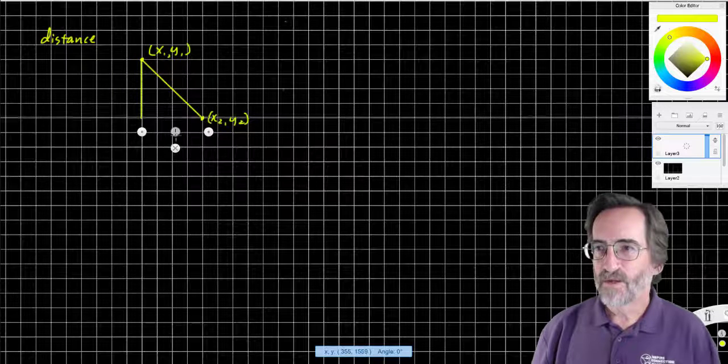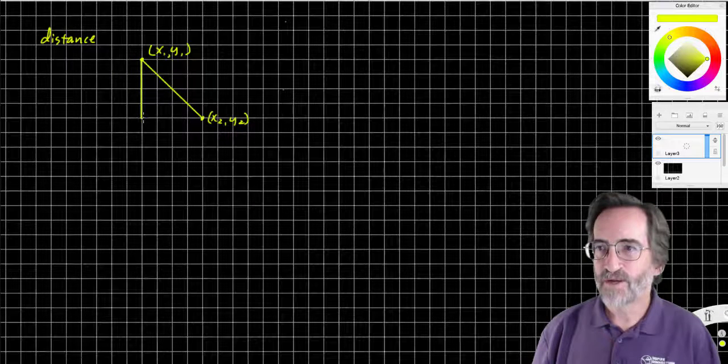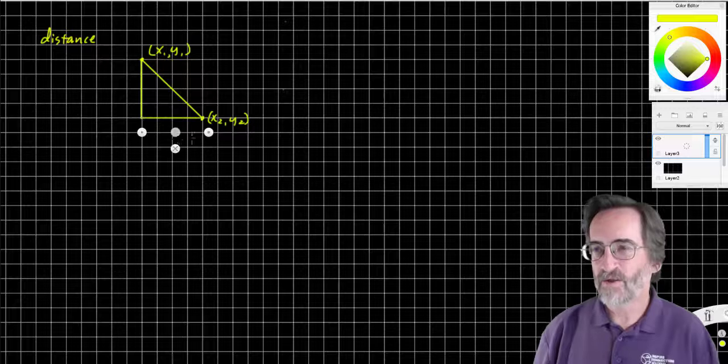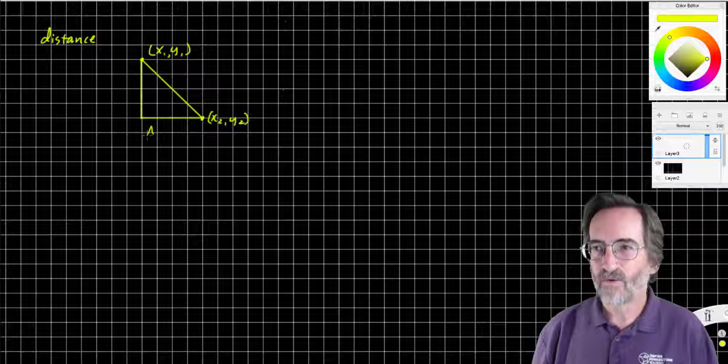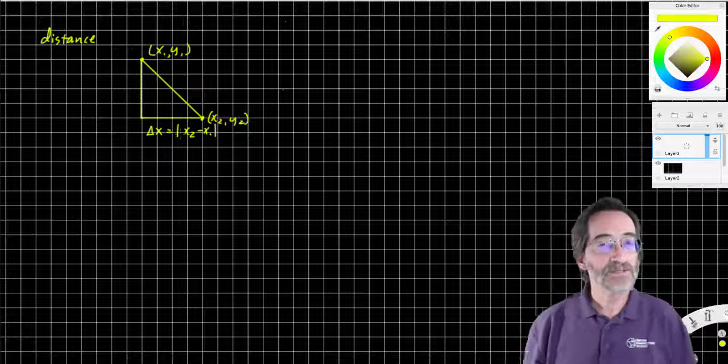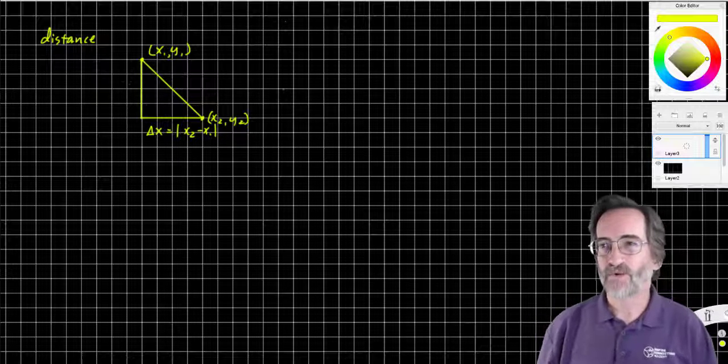So, in this case, we draw a right triangle, height and length, and you will recall that if I want to know how far along we went to the right or the left, we're looking for the change in x, which is the absolute value of the difference in the x's, x2 minus x1. Subtract the x's, you know how far you traveled either left or right.